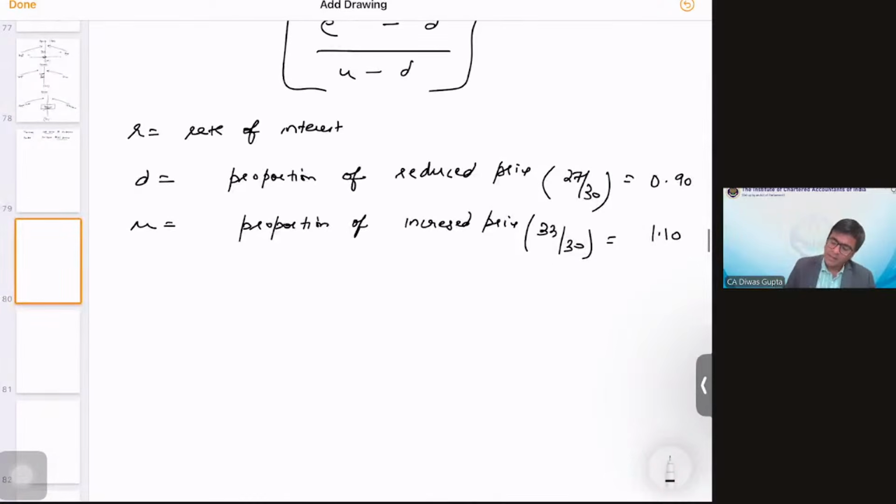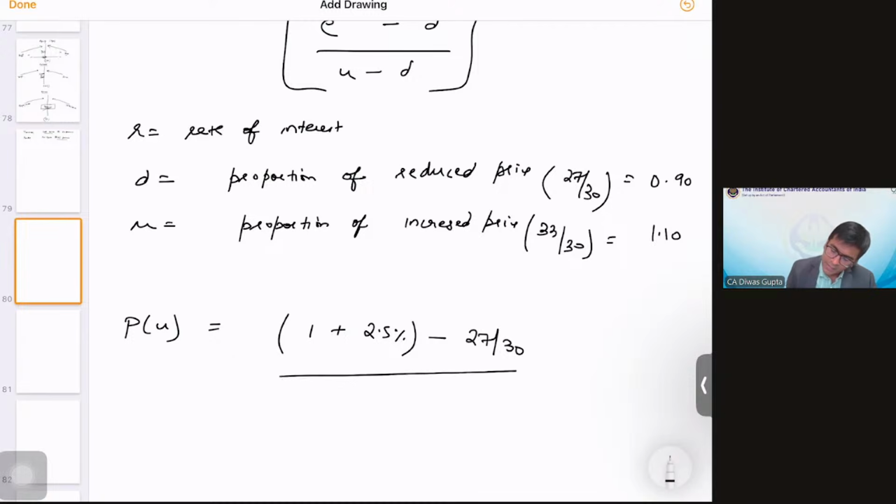Here, if we come back, the probability of prices going up becomes 1 plus 2.5% minus 27 divided by 30, divided by 33 divided by 30 minus 27 divided by 30, is equal to 62.50%.